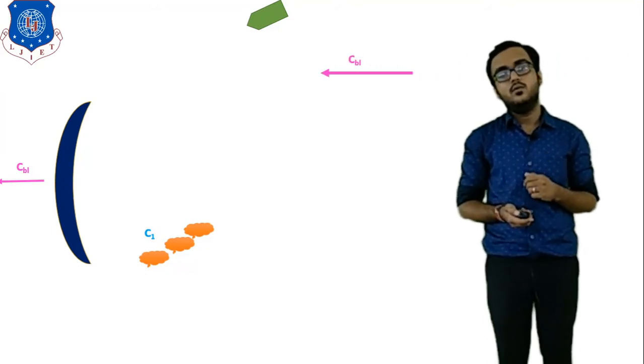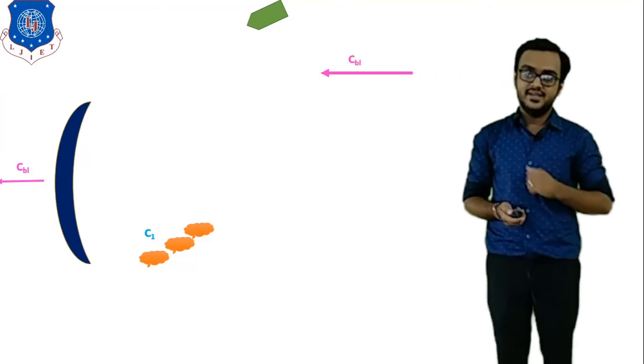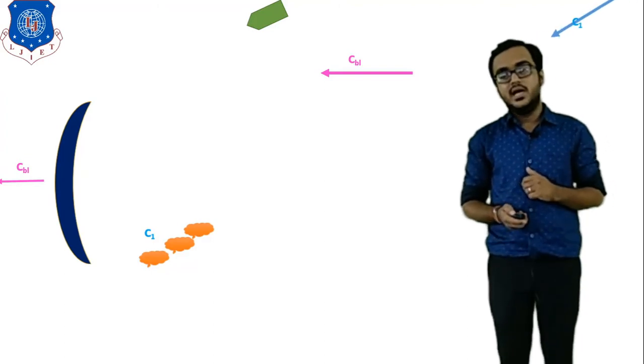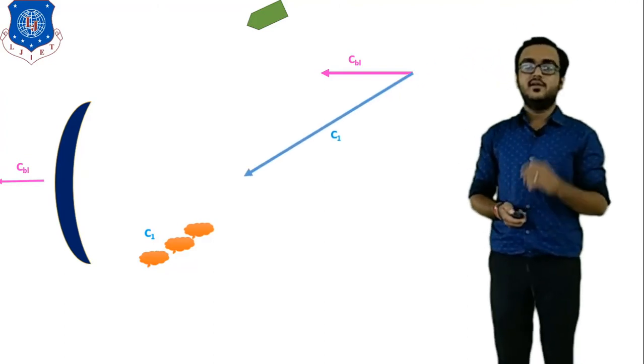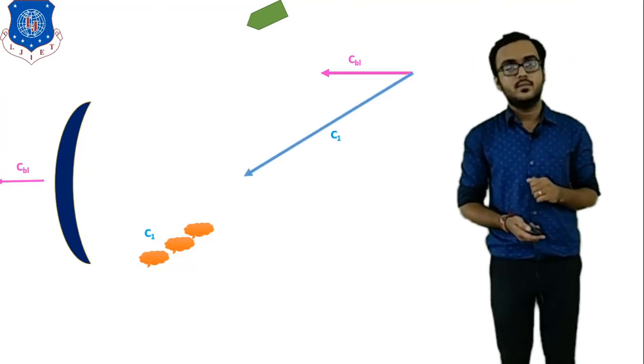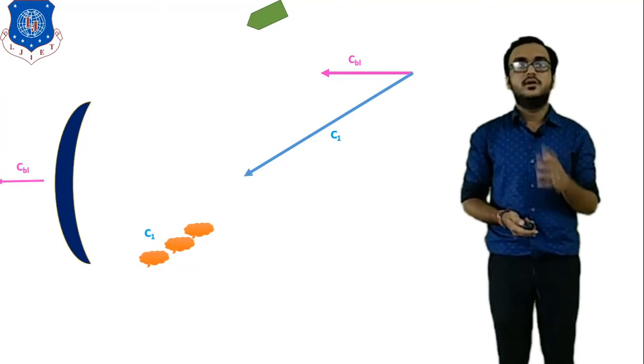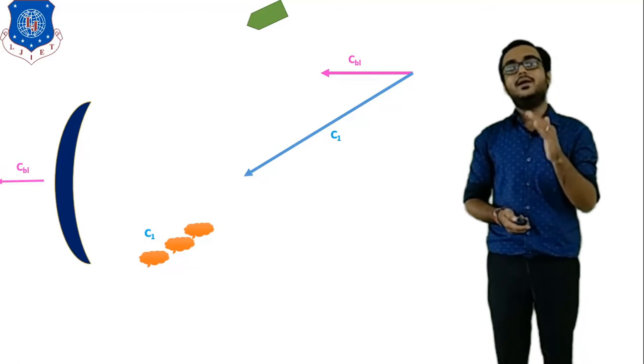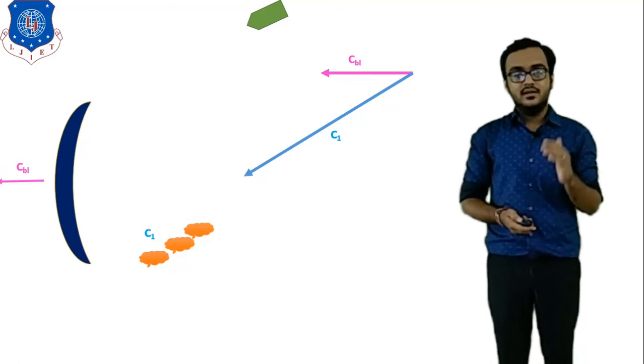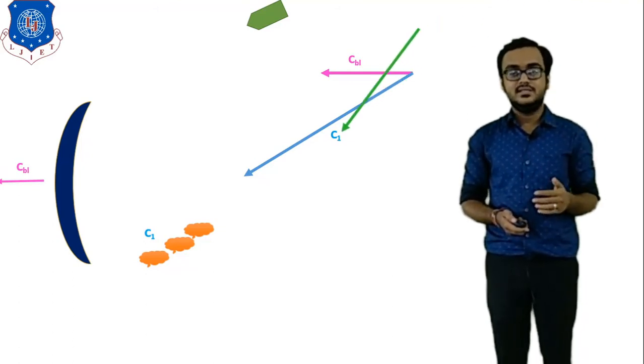Here we have one vector which represents the velocity of the blade, that is CBL, and here we have another vector that represents the velocity of the steam. Now in vector mathematics we have studied that if we have two vectors like this, then the resultant vector is like this.